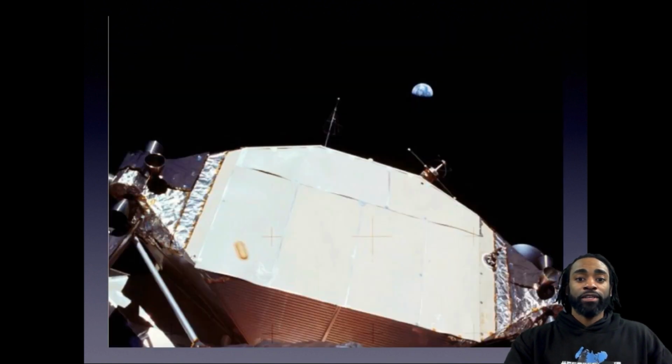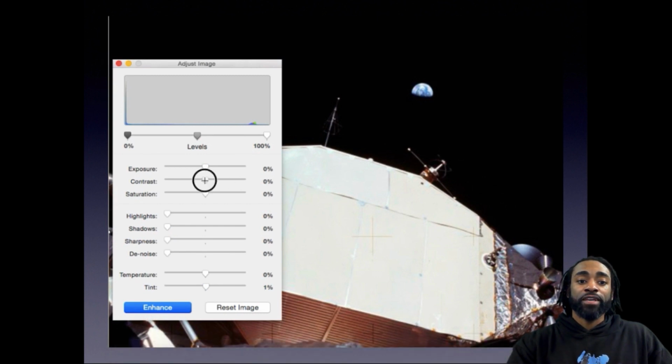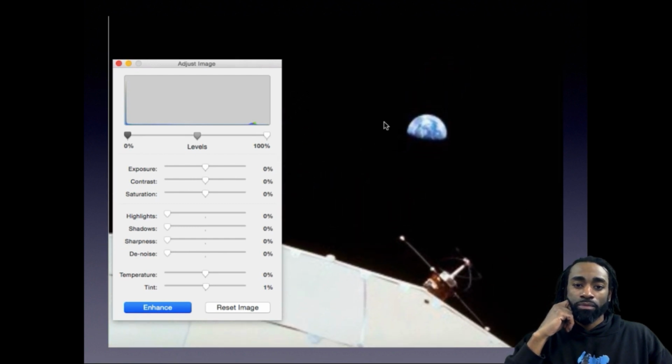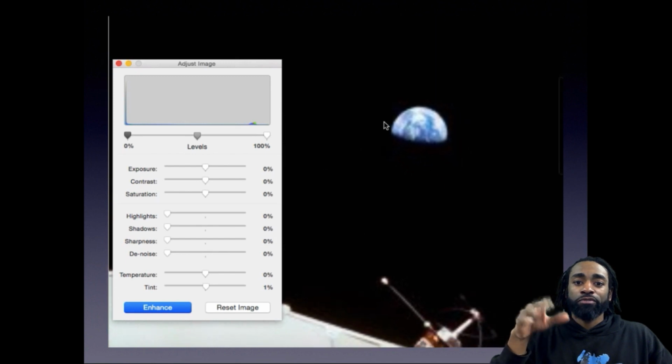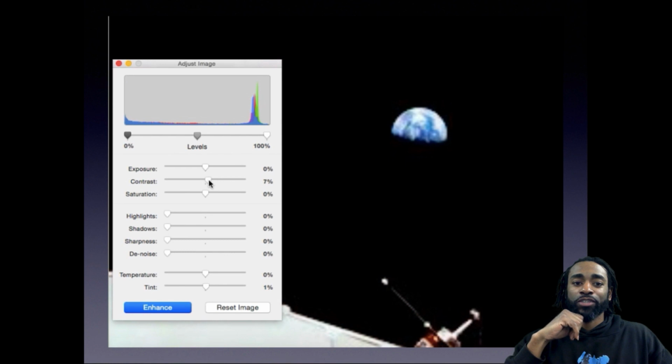So what I did, also downloaded this picture from NASA.gov of the lunar module with the Earth in the background. So let's take a look at this. What I did, I decided to make some adjustments to the picture. First, I wanted to get it in frame in about the right spot. I adjust the contrast a little bit.